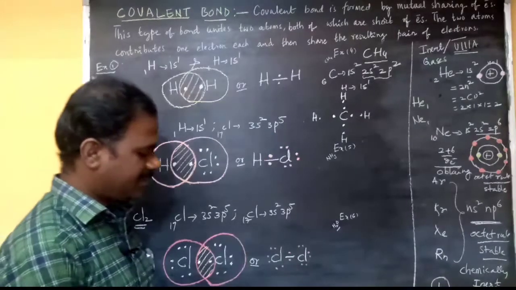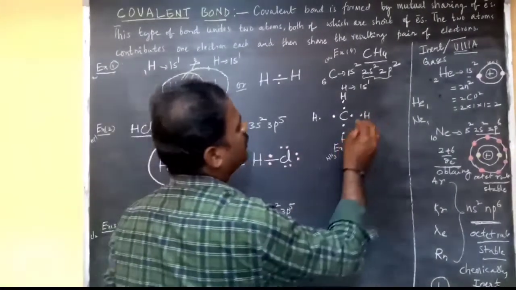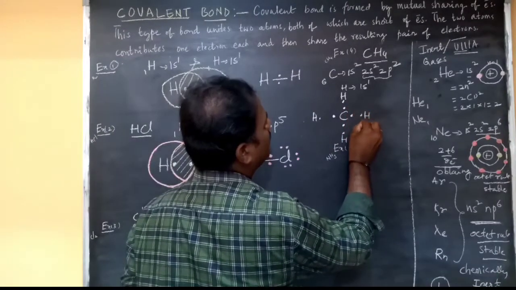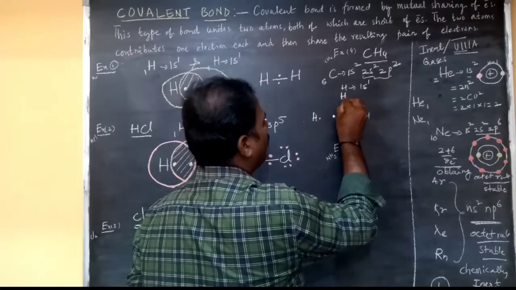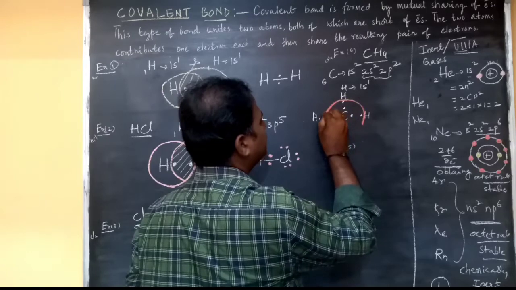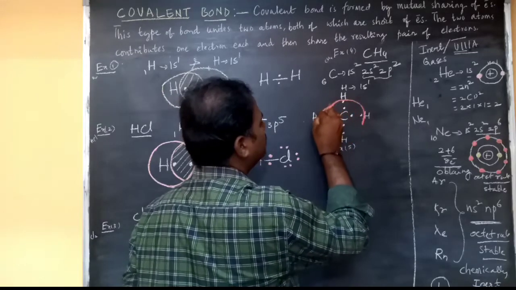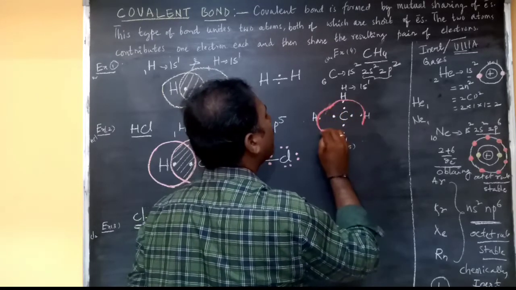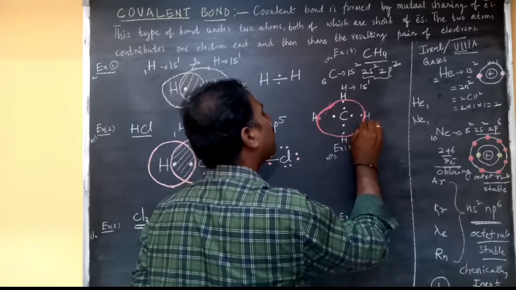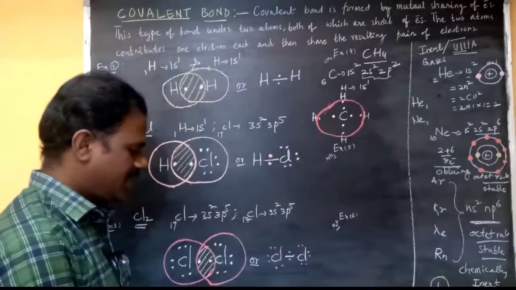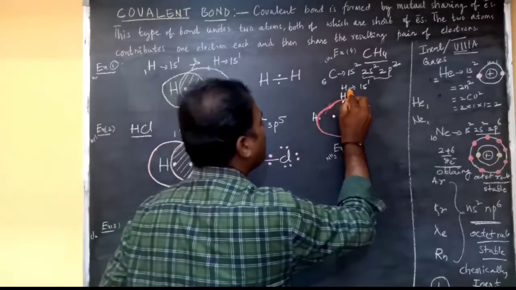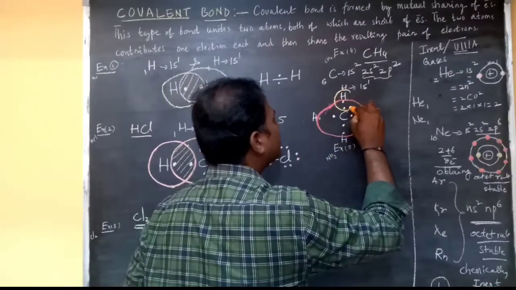So in this example we have bonds like this. Carbon contains 4 bonds, and each hydrogen can acquire 2 electrons.